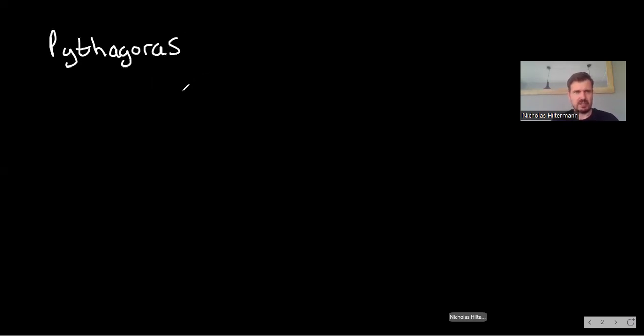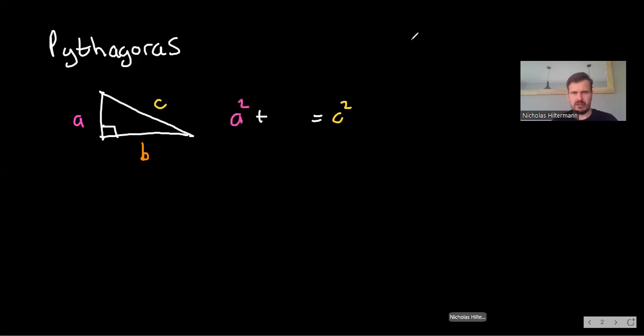Pythagoras, his theorem was, if you have a right angle triangle with these two sides, A and B, if I square them both, I get the same as the square of the long side. So in other words, the square of the two small sides is equal to the square of the large side.